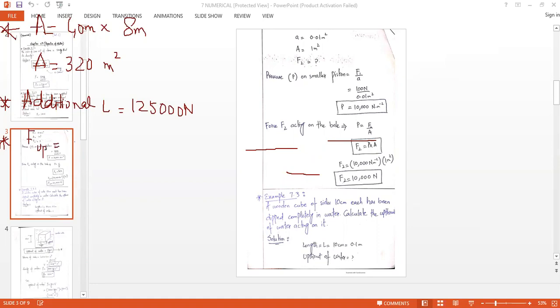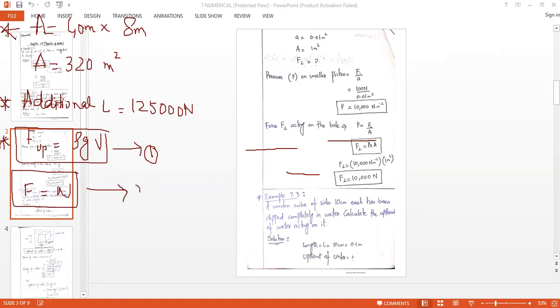As we know, the upthrust force is rho G V. And second, we know that the force must equal the weight. As force equals rho G V and the force equals weight, now compare both equations.